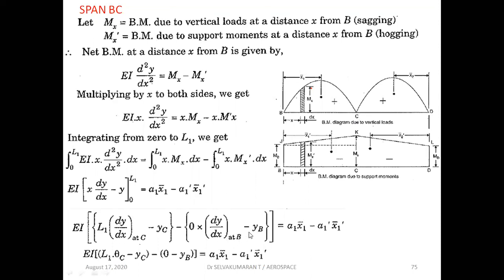So Yc is 0, Yb is 0, and this term will go off.